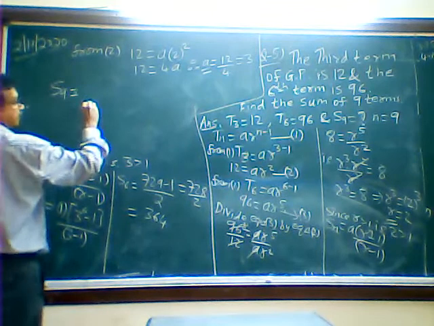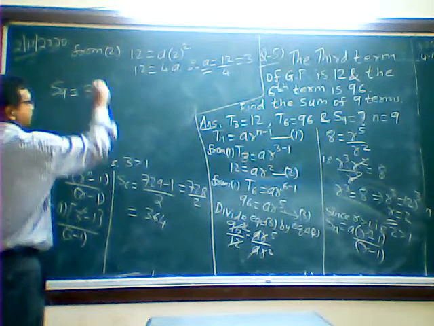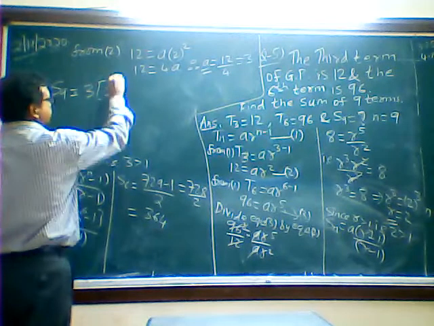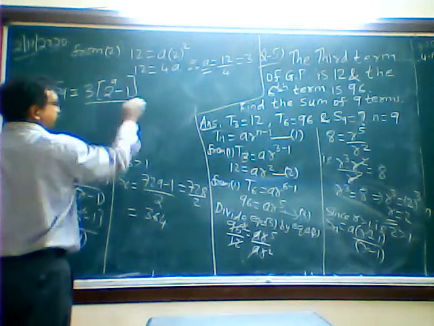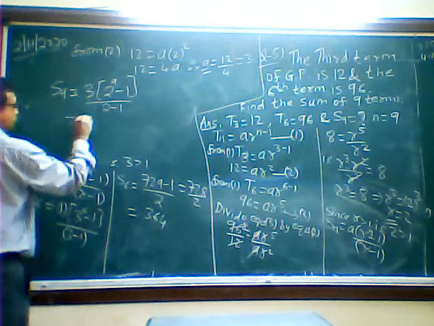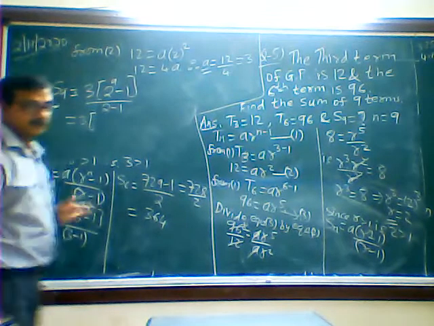Now we will find out S9. A is 3, bracket r raised to n minus 1, that is 2 raised to 9 minus 1, divided by 2 minus 1. So 2 raised to 9 is how much?